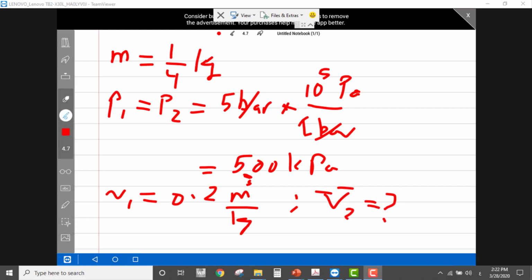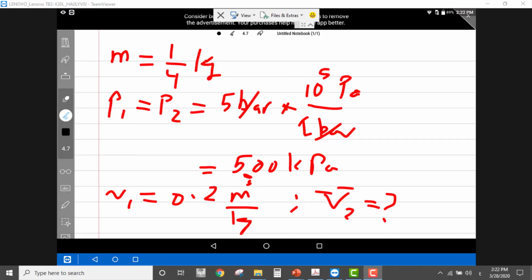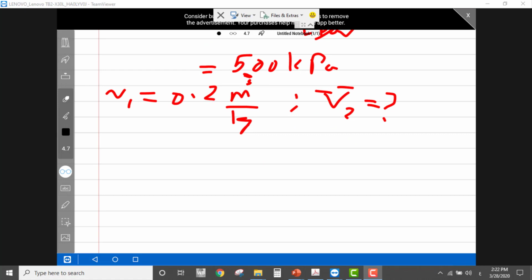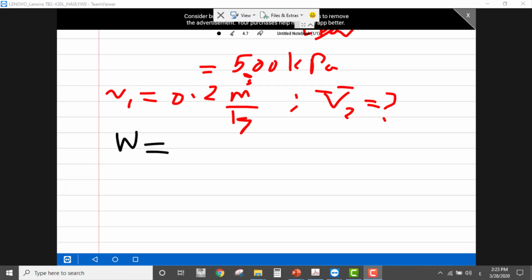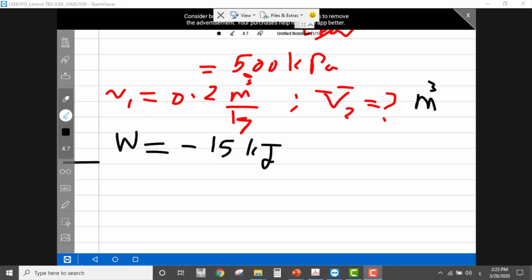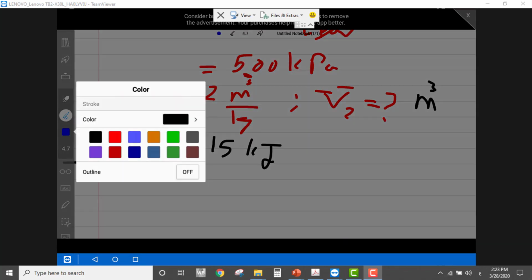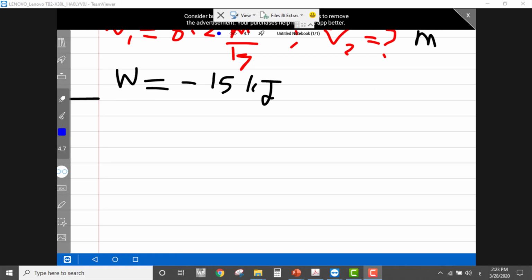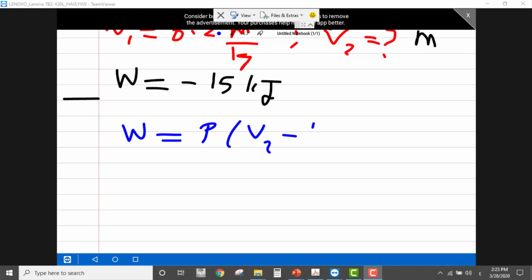Now, how are we going to solve? Also something given is the work from 1 to 2, which is minus 15 kilojoule. So we need V2 in meter cube. Once we have a constant pressure process, then we can say W equal to P multiplied by V2 minus V1.